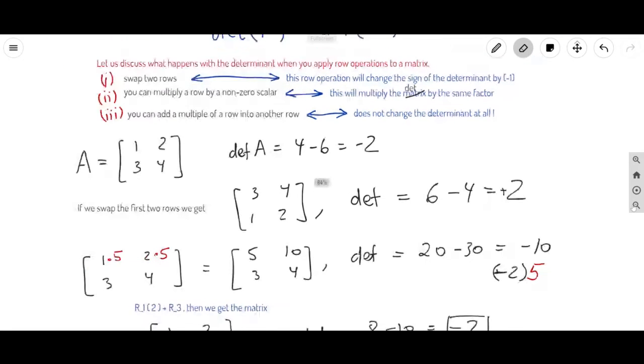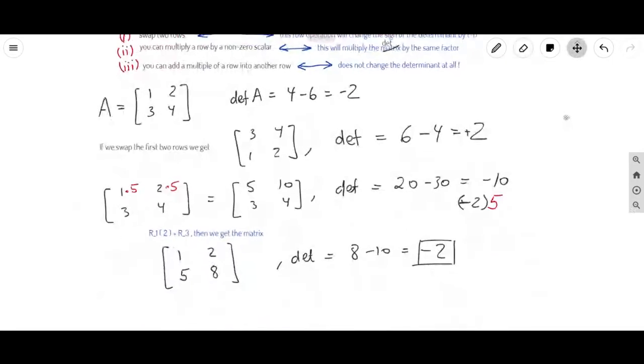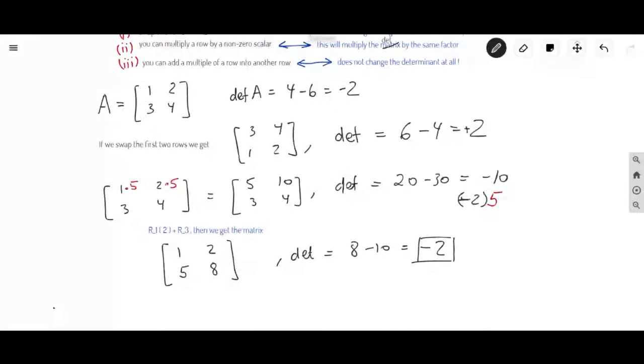So here's the idea. If you have a matrix and you want to calculate its determinant, you use row operations.